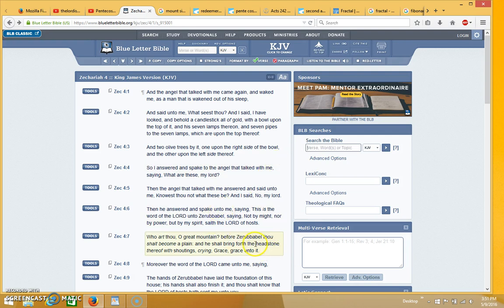And as you can see in Zechariah 4:7, he's described as the headstone. And in the Greek, that's actually the head of the corner, is how Jesus is described. And if I pull that up, I'll show you how that reads in the Greek.